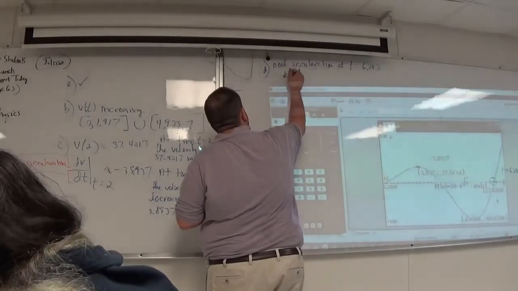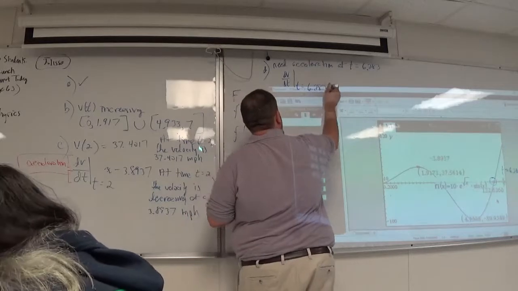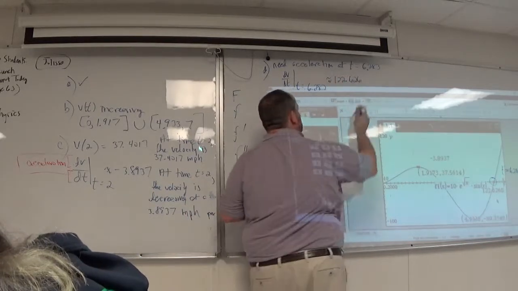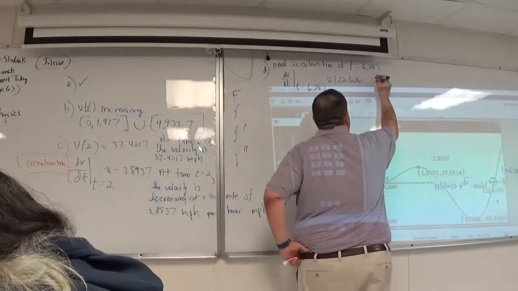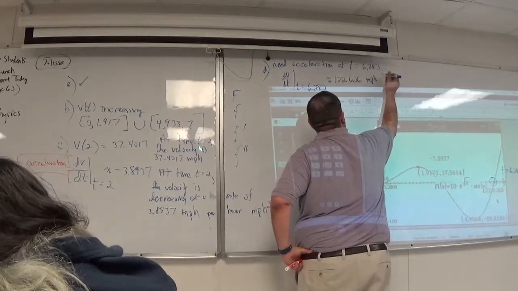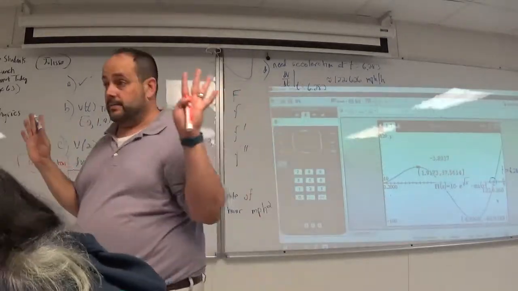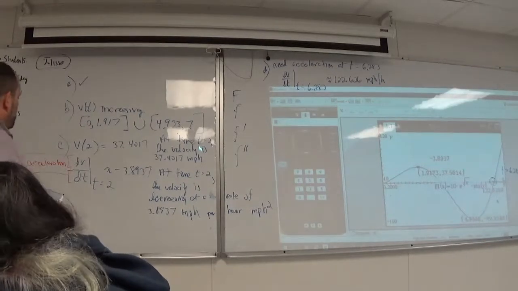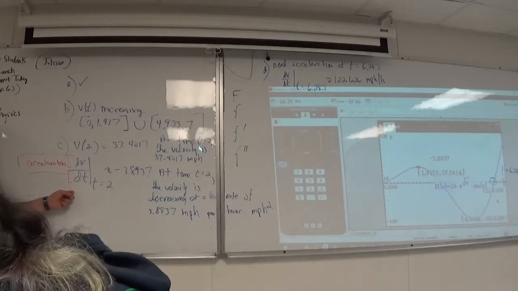So maybe we want to write this as dv/dt at t equals 6.283 is 122.626. And again, I want units. I always want units. Miles per hour squared or miles per hour, either way works for me. Is everybody okay? I need you to know that acceleration is the derivative of the velocity.